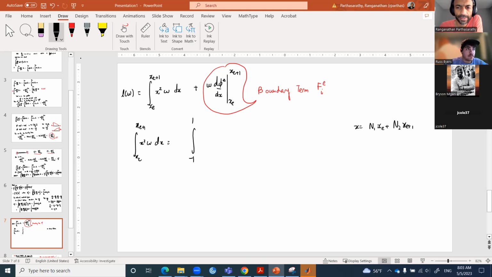So you substitute that. Square. Now this is Ni and dx is he by 2 d psi. So now here everything is in natural coordinate space. We can go to MATLAB.